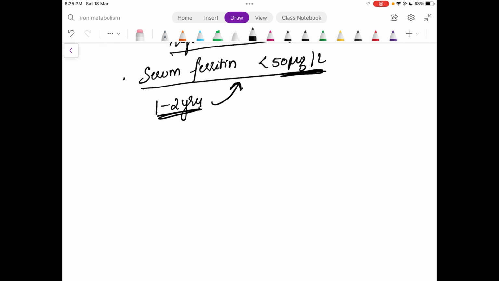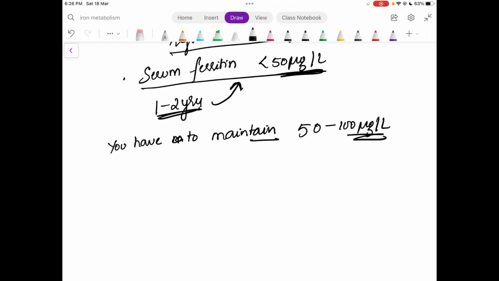After reaching this level, you have to maintain serum ferritin in the range of 50 to 100 micrograms per liter.